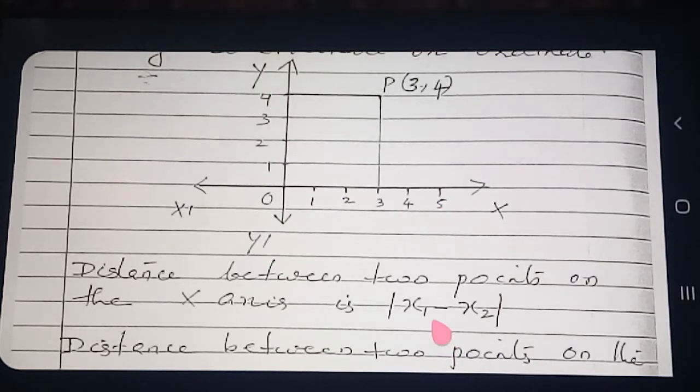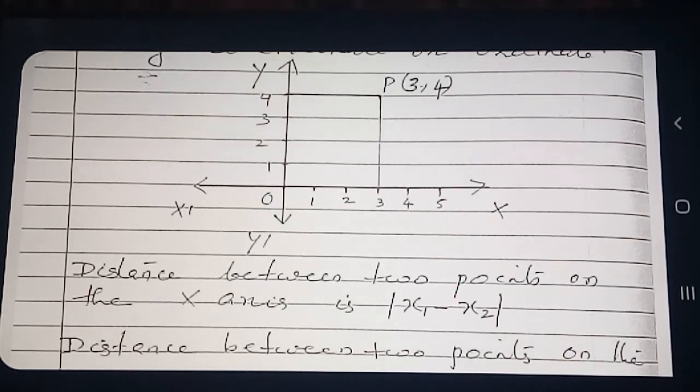What is the formula? Modulus of x1 minus x2. What is x1? 1. Modulus of 1 minus 5. 1 minus 5, how much is it? Modulus of minus 4. What is modulus of minus 4? 4. So how many units? 4 units. Otherwise you can count also. Here I counted and showed: 1, 2, 3, 4 units.